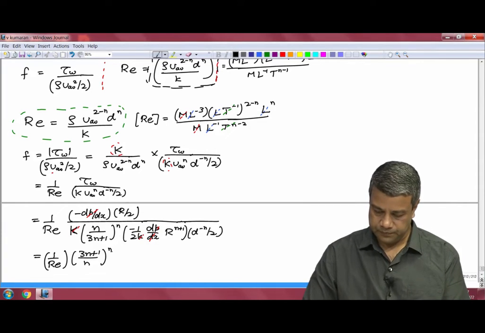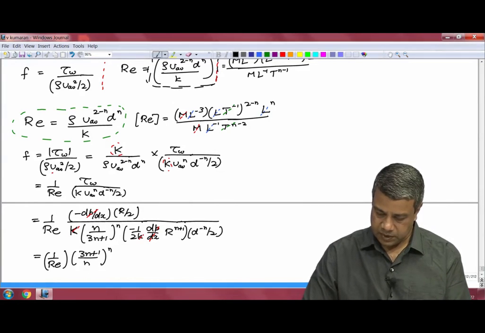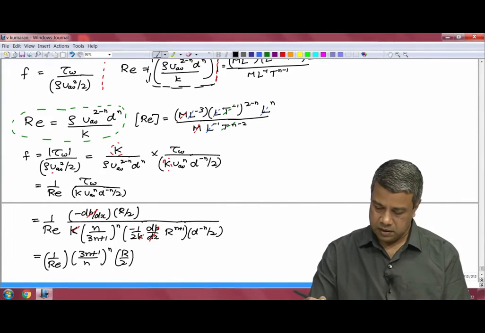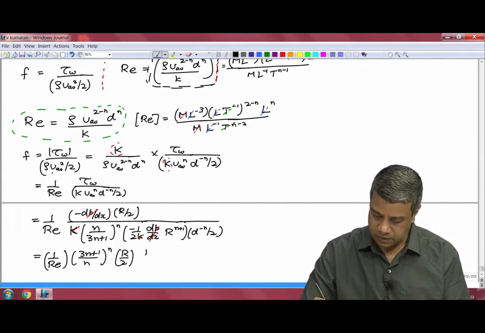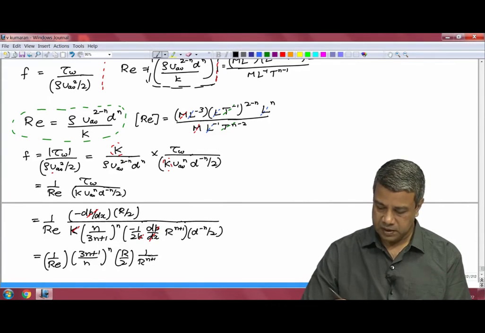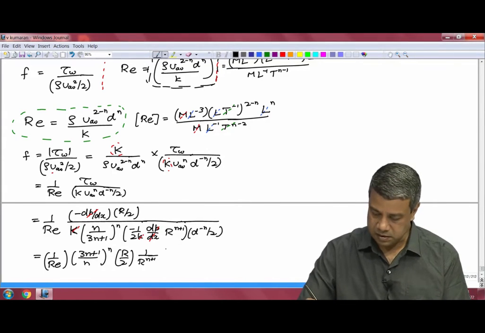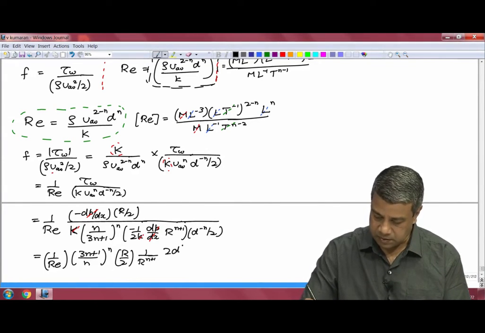In the numerator I have r by 2. In the denominator I have 1 over r power n plus 1. And then in the numerator I have the diameter power n. D power minus n, the denominator, is 2 times diameter power n.